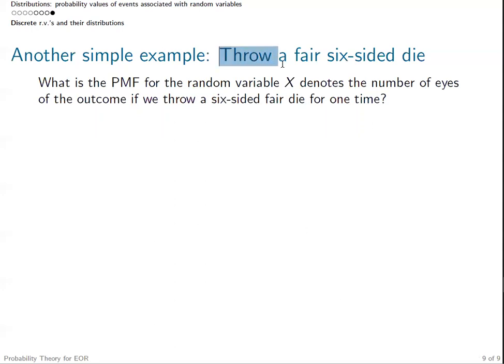So suppose we throw a fair 6-sided die one time. Then what is the PMF function for the random variable X? X denotes the number of eyes of the outcome. If we throw this six-sided die one time, you can pause the video here and think about it yourself. Well, the answer is quite simple, right?